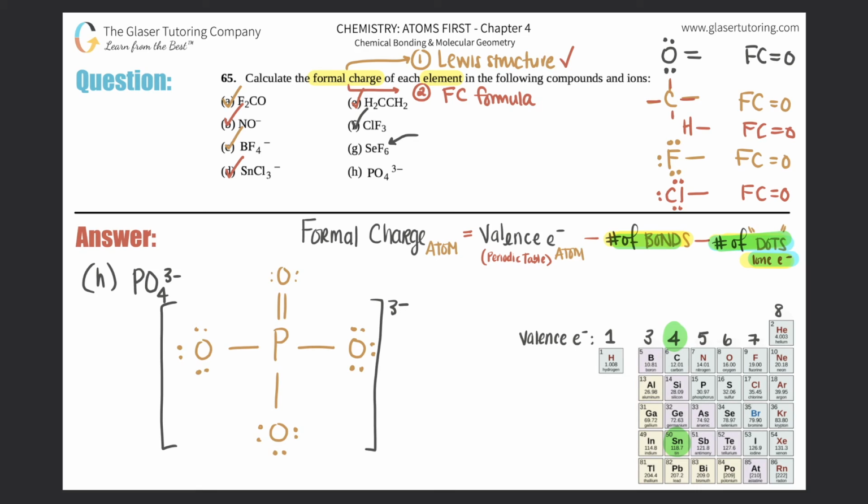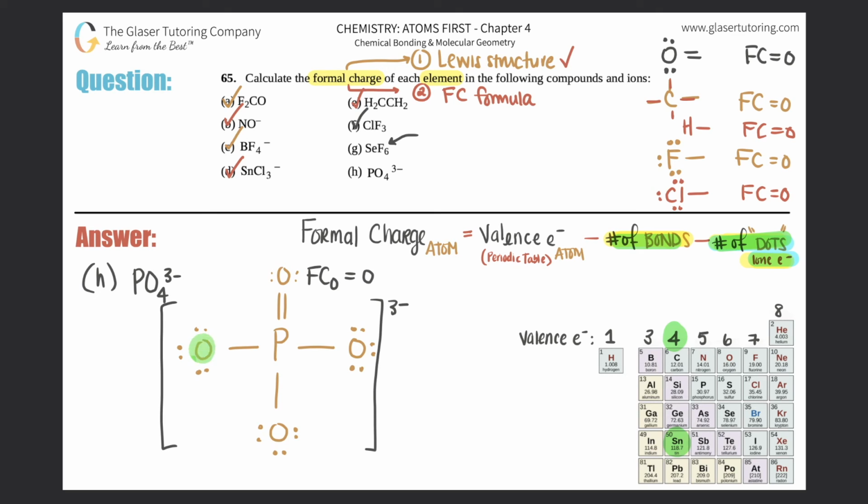Do we know the formal charge for one of these atoms? Yes, we do. It's actually this one, because we know that oxygen with 2 bonds and 2 lone pairs always has a formal charge of 0. So we automatically know that this has a formal charge of 0.